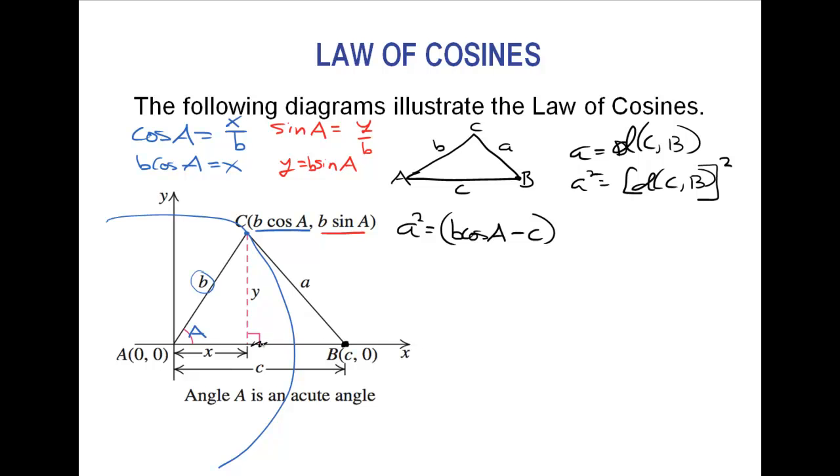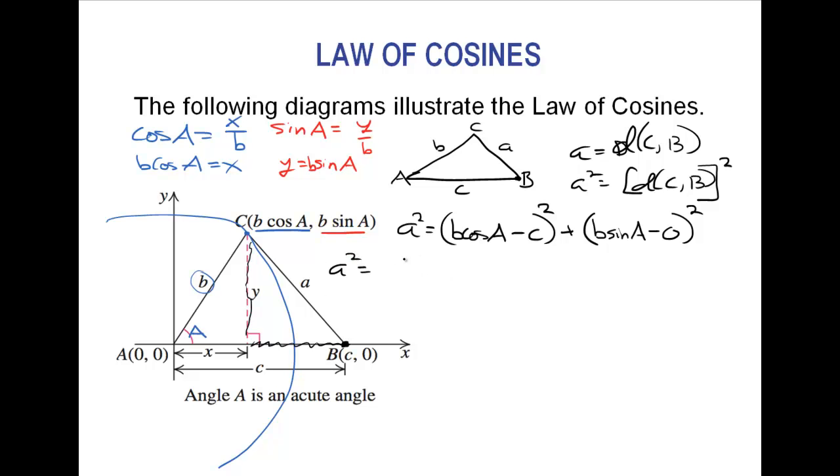It's basically this distance right there, squared, plus now our change in y, so we're going from this height down, this distance here, and that's just b sine a minus 0, because that's a height of 0, and then we square it. Okay, FOIL everything out.